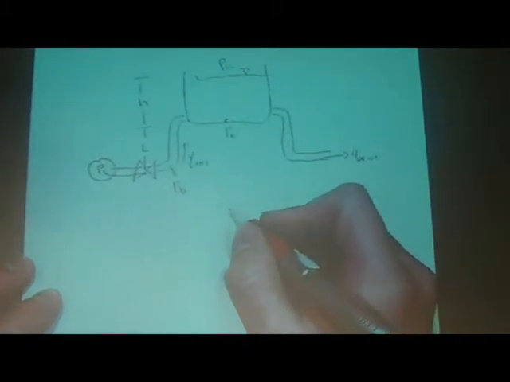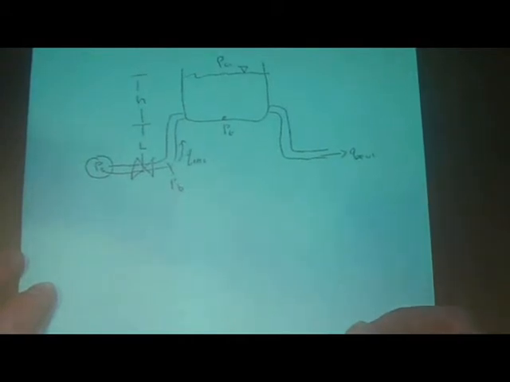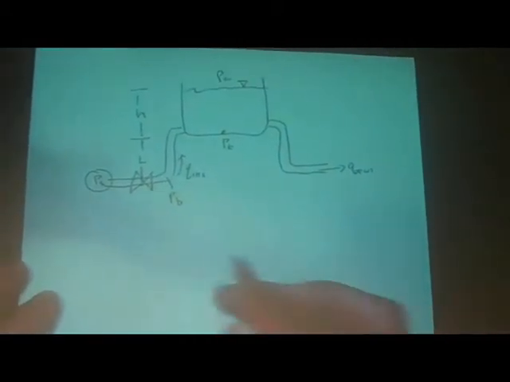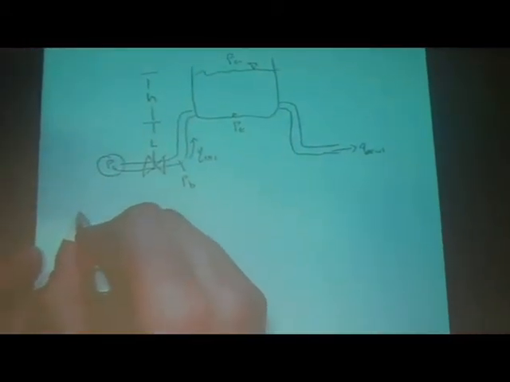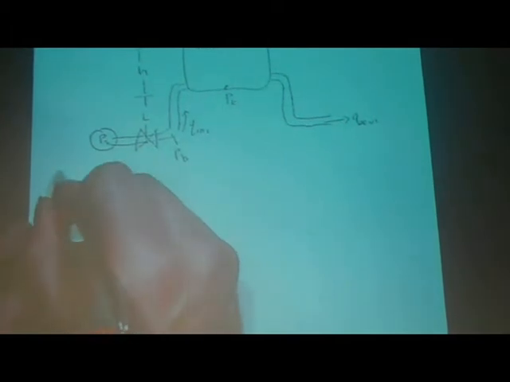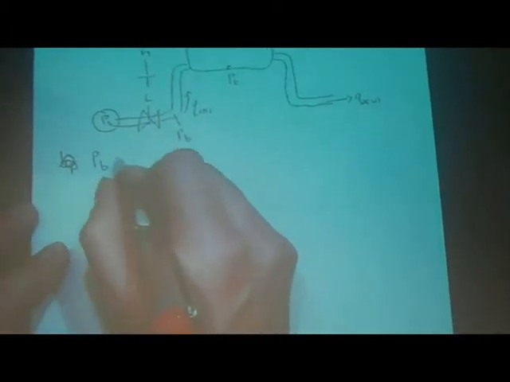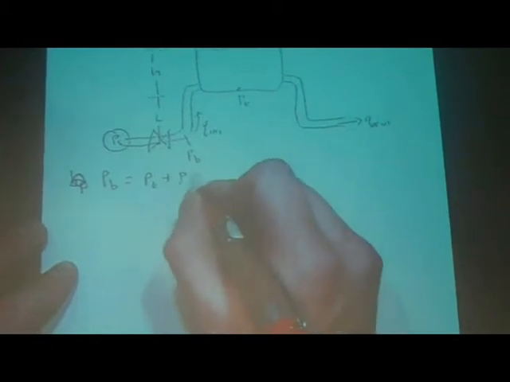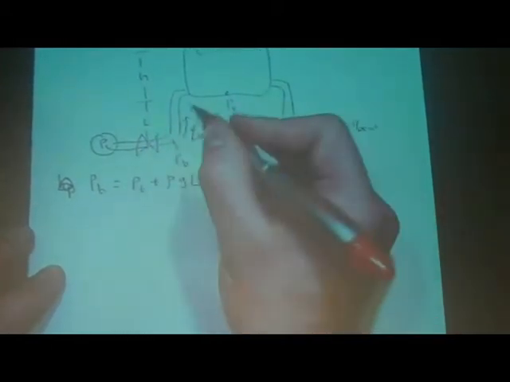Very good. Now that we're done with the free body diagram, we move on to finding unknowns, which is our pressures. So we know that the pressure at the bottom of the tank, PB, is equal to the pressure at the top of the tank plus density of water, gravity coefficient, and the height L, which we labeled as the height of the bottom of the tank.